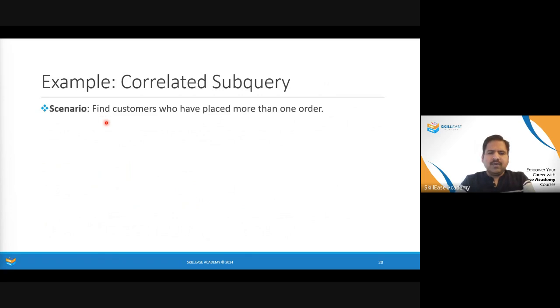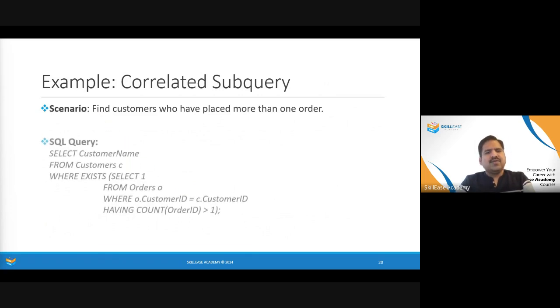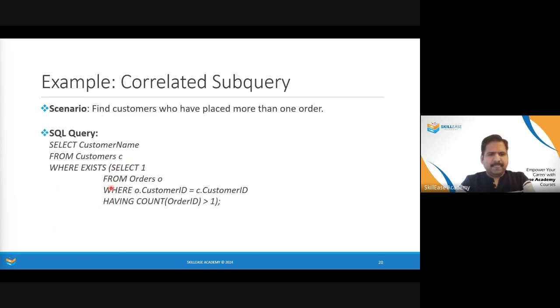To get that, what we do is we write a subquery so that we get the order tables data and we are joining the customer ID from the order table with the customer ID of the customer table having, since we are doing the grouping, right, having the count of order ID is greater than 1.